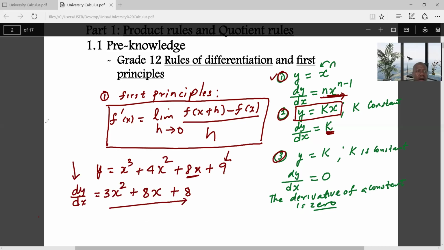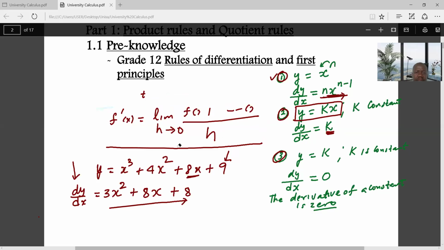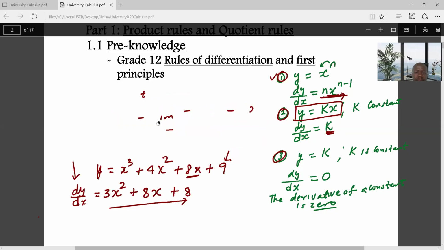Right. Now, how about if we are given this, ladies and gentlemen? We are given y equals 8 over x to the power of 3.